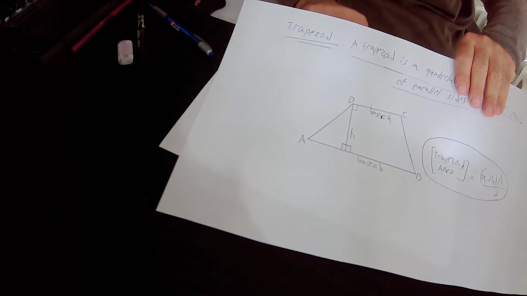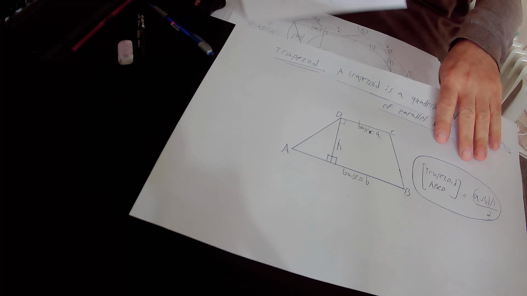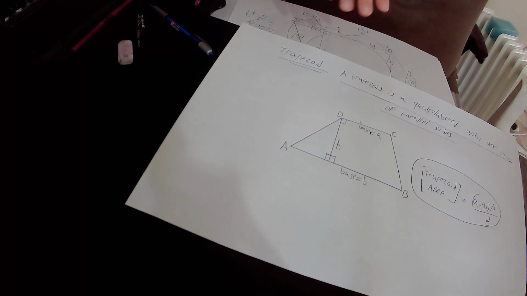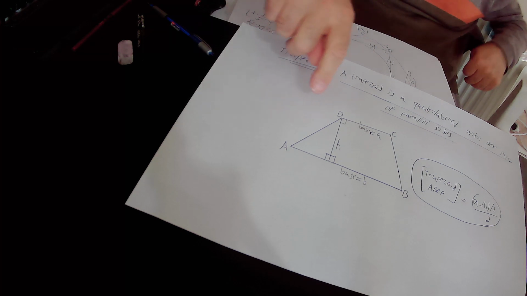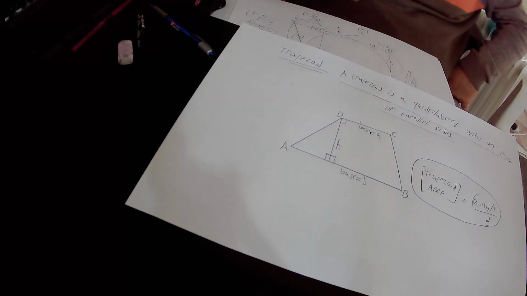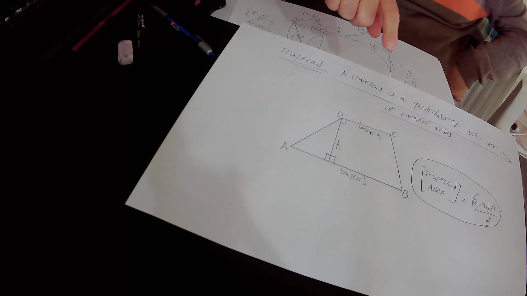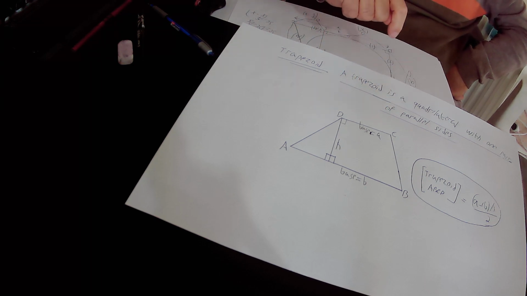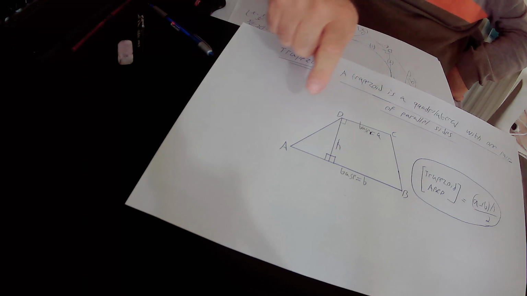So, first of all, what is a trapezoid? A trapezoid is a quadrilateral with one pair of parallel sides. So in the drawing we have quadrilateral ABCD, and we know that side DC is parallel to side AB.